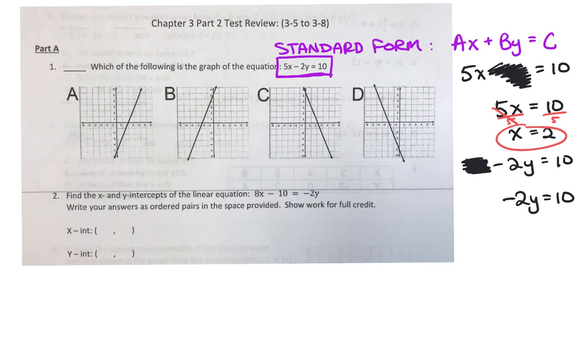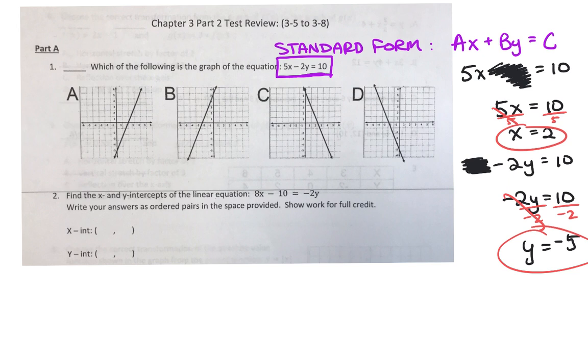All right, so again, to solve it, I've got to isolate the y, so we'll get rid of that times negative 2 by dividing by negative 2. And it'll say y equals a positive divided by a negative is a negative, and 10 divided by 2 is 5. So I have an x-intercept of 2 and a y-intercept of negative 5.